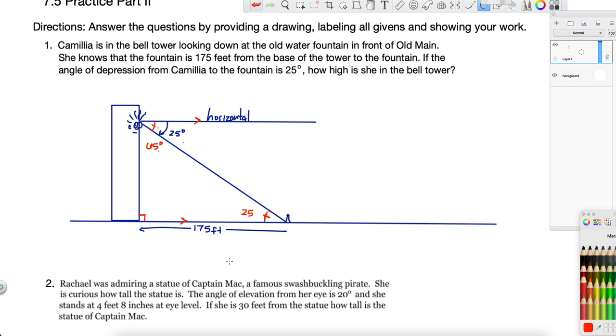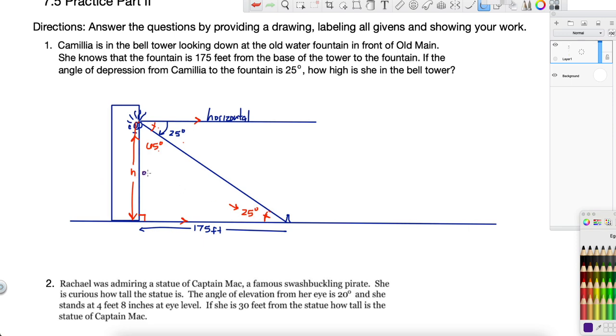So we have a lot of information here. We are trying to find how high she is in the bell tower. We're trying to find this height right here, all the way up to this point. We have two angles to work with. I'm going to work with the 25-degree angle. We could do the other one as well, but I'm going to stick with this one. How does H relate to the 25?